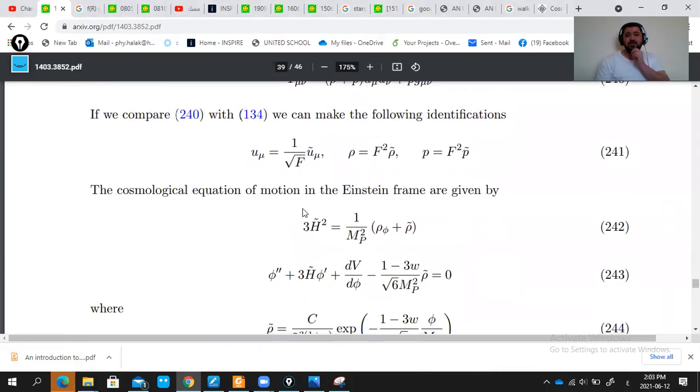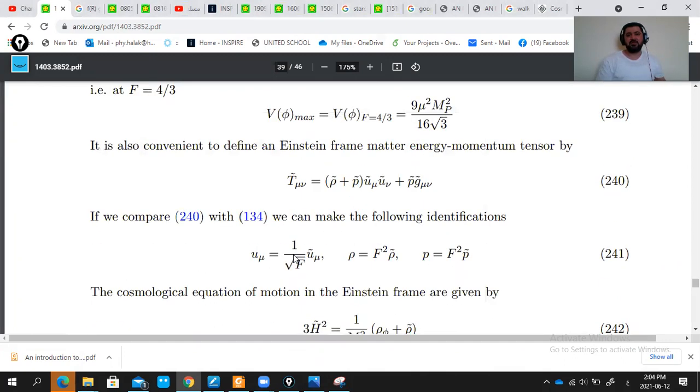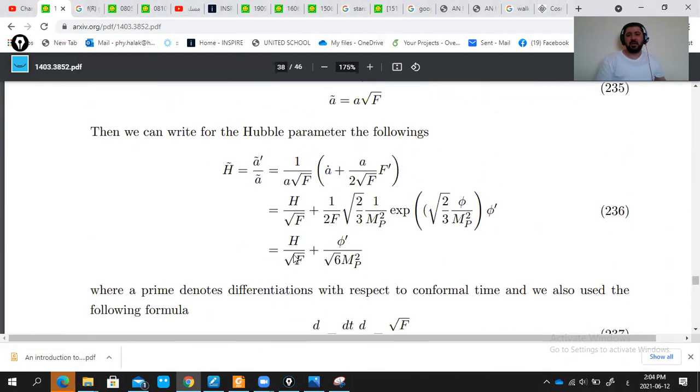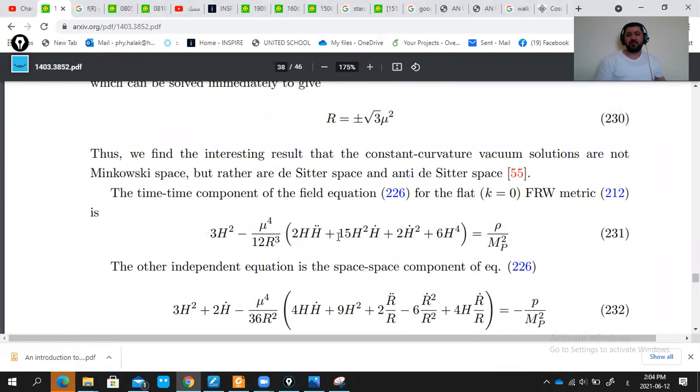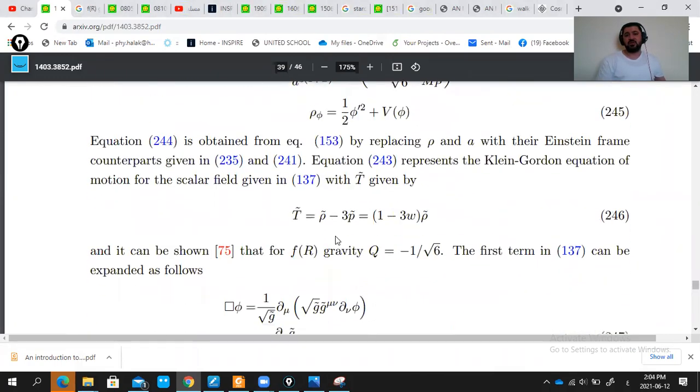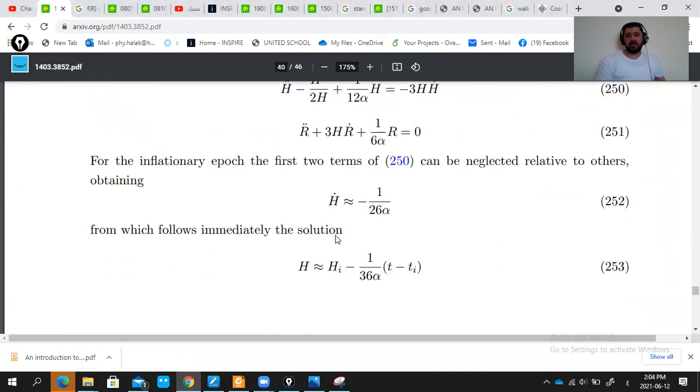Then the cosmological equation of motion in the Einstein frame is given by this. Then we find that it is given by this. How? Just by taking this, and we have the modified equations in the Einstein frame written in terms of the scalar tensor theory.